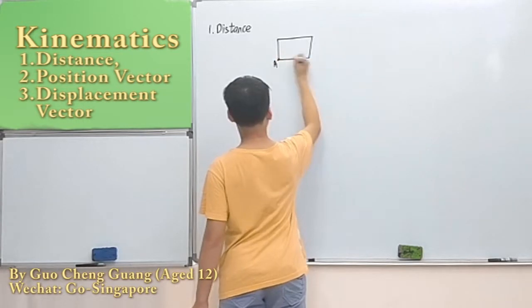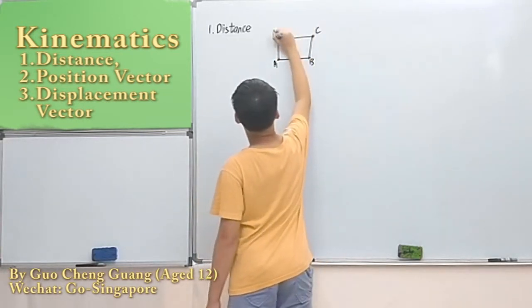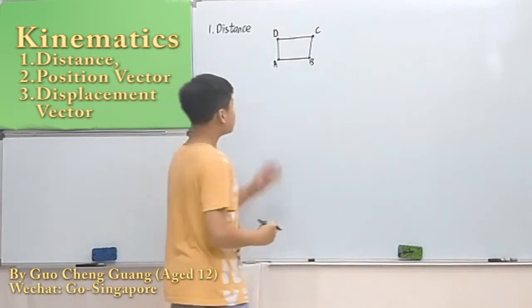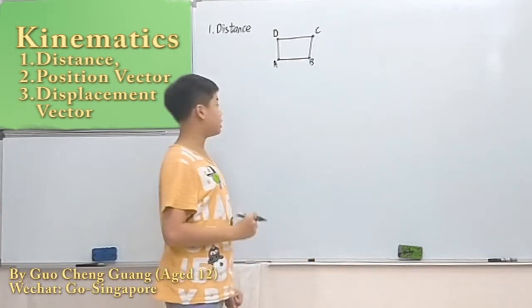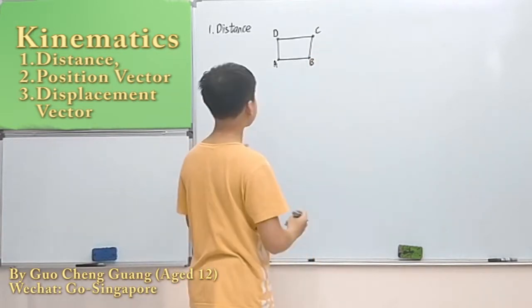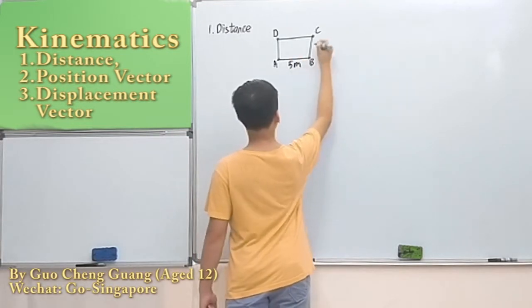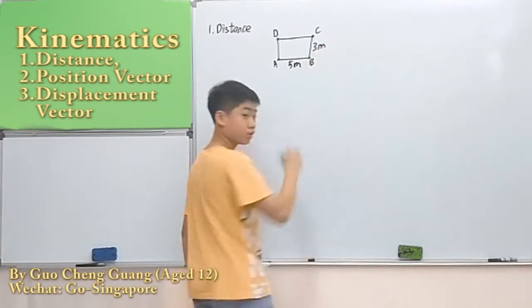Then they'll give you points A, B, C, and D, and the different measurements, for example this is 5 meters and this is 3 meters.